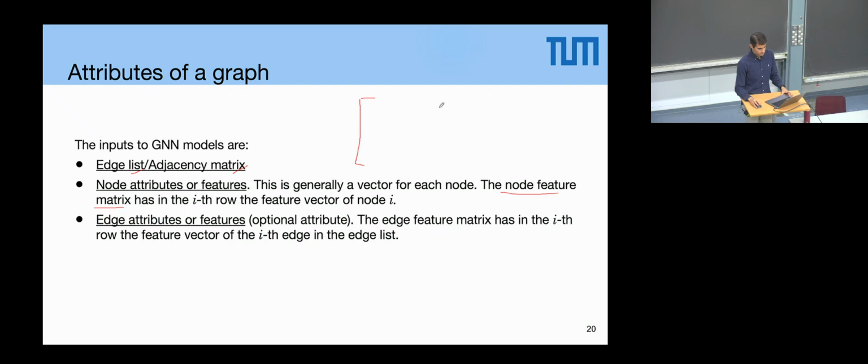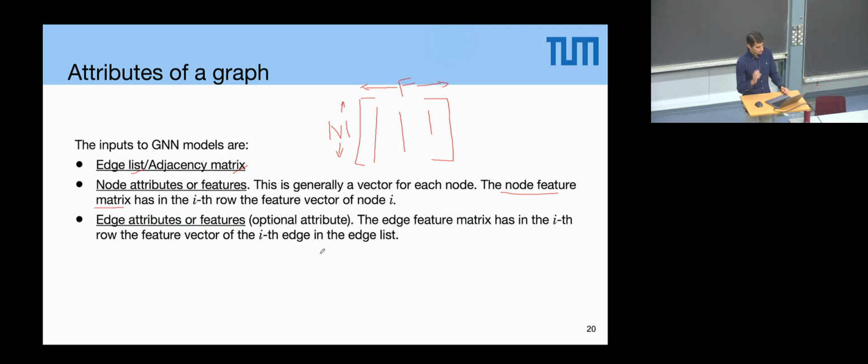This is a matrix where the number of rows is equal to the number of nodes, and the number of columns is equal to the number of features that we have. So if we have horizontal and vertical components of velocity and the pressure, then we have three columns here.